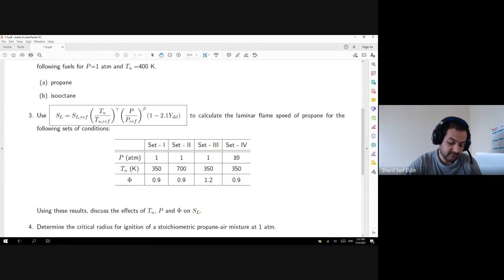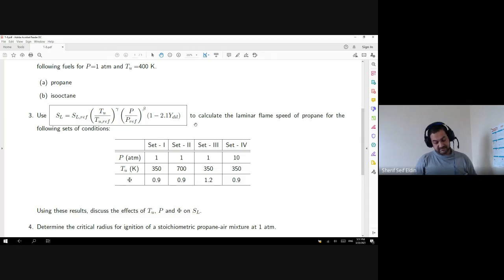And for the last one, P over P reference was 10, while for the others it was 1. So he wanted you to know the effect of changing the combustion pressure on the laminar flame speed.